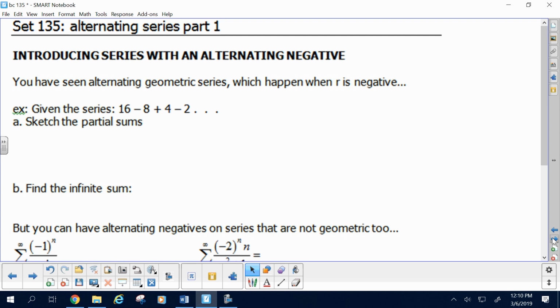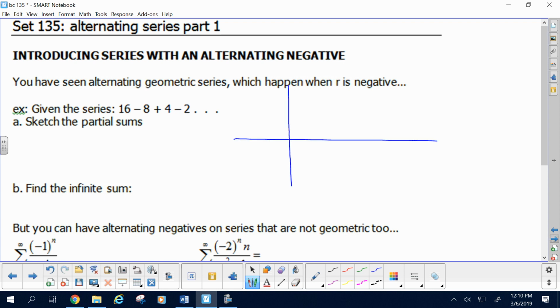So let's start off with what you might be familiar with. You have seen alternating geometric series, to be sure. For example, 16 minus 8 plus 4 minus 2, dot, dot, dot. If I were to sketch the partial sums, notice I said the partial sums, not the terms.